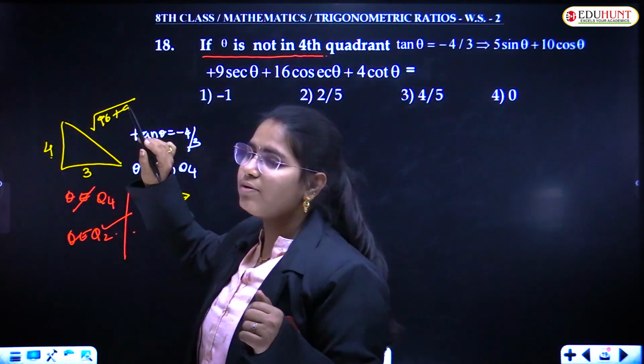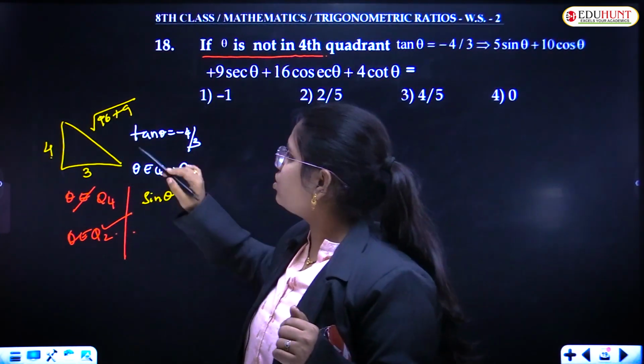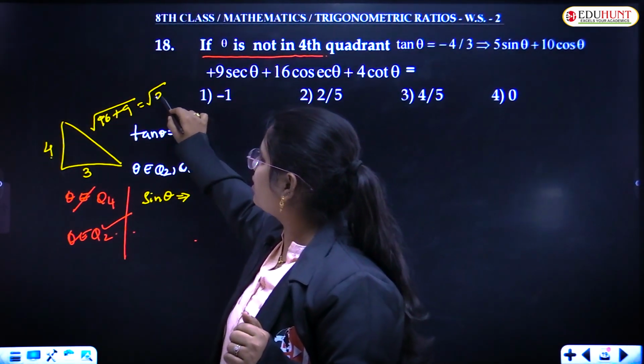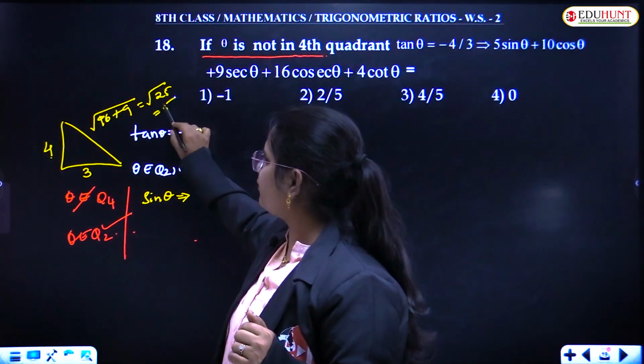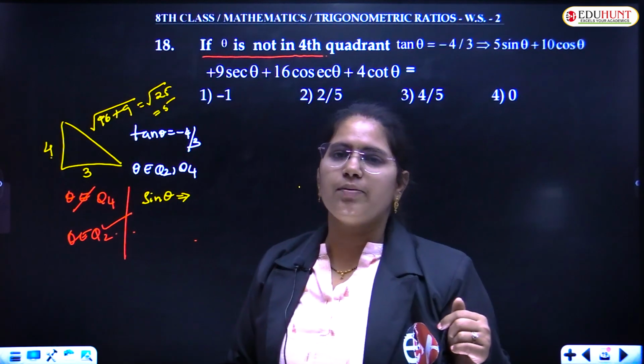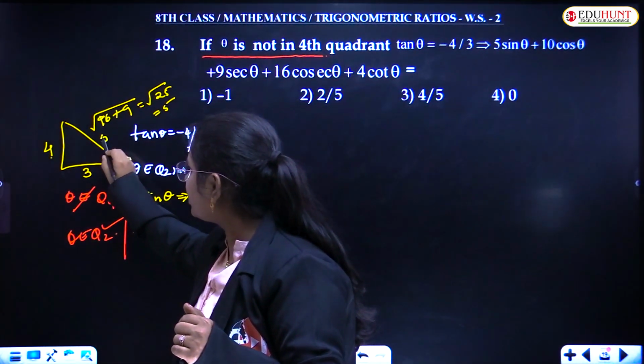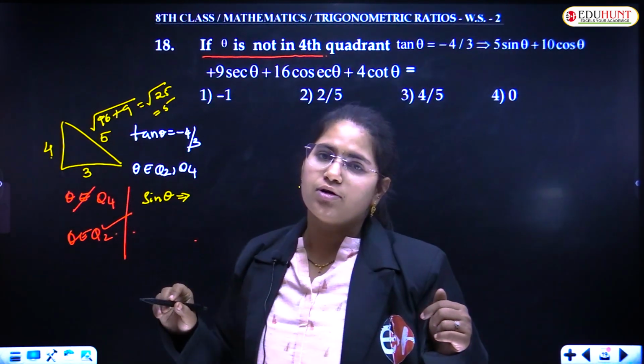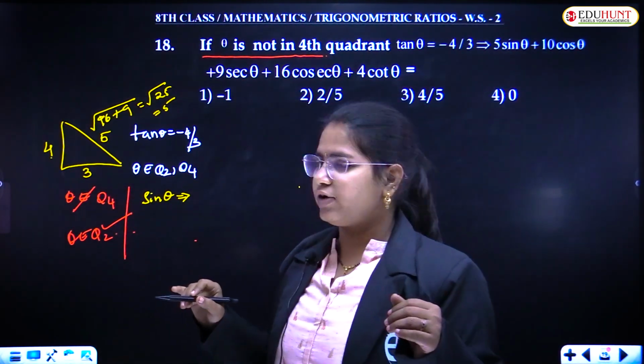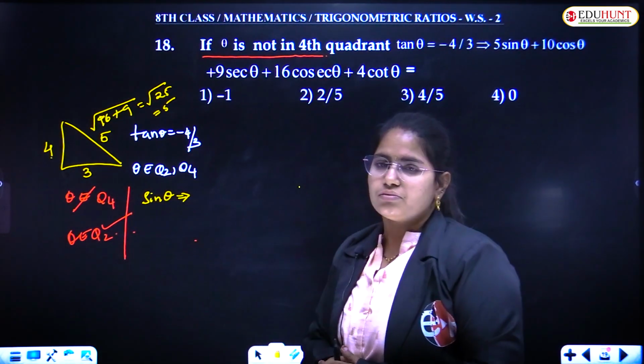By the Pythagoras theorem, the hypotenuse is the root of 4 squared, which is 16, plus 3 squared, which is 9. Root 25 is 5, so the hypotenuse is 5 centimeters.